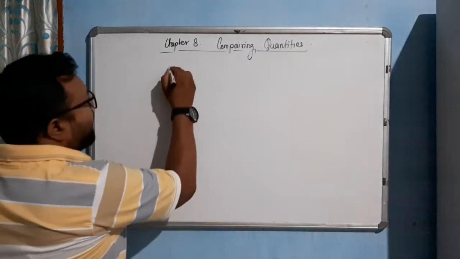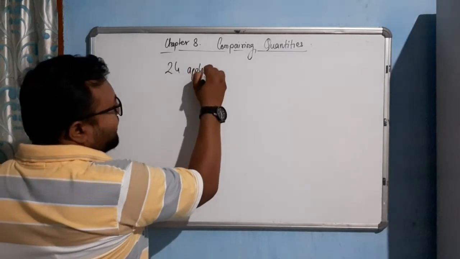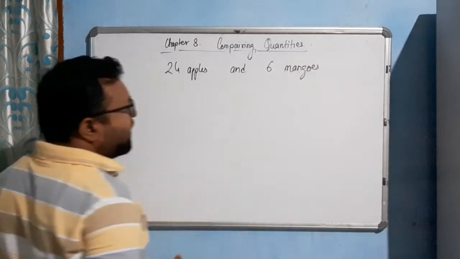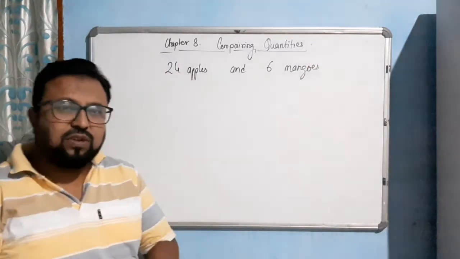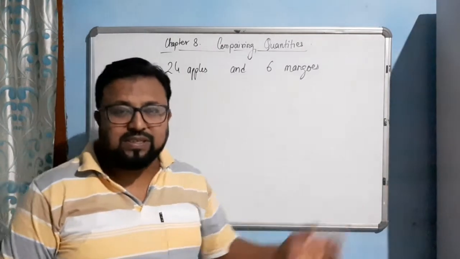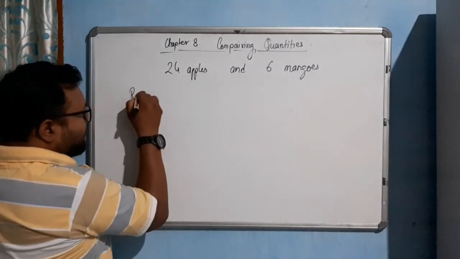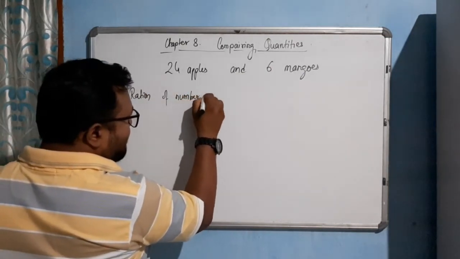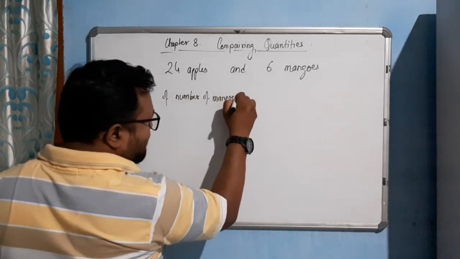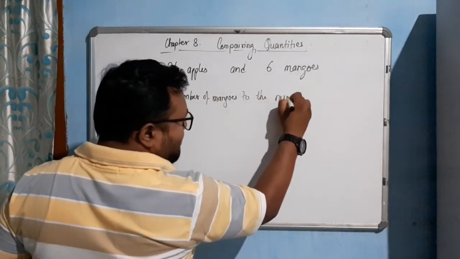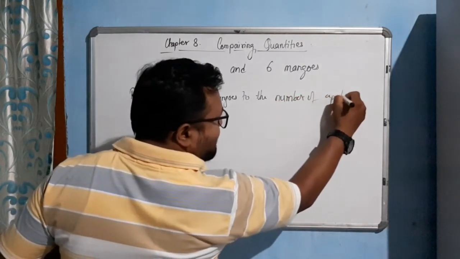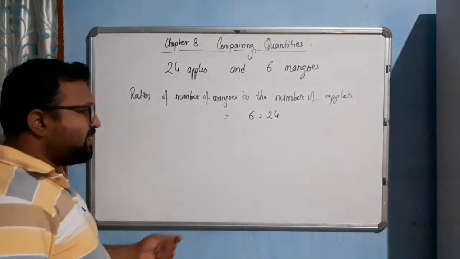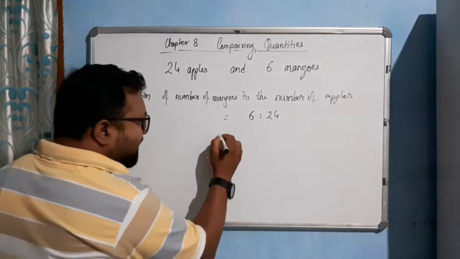Suppose we have 24 apples in a basket, and we have 6 mangoes in that same basket. Now if somebody asks you what is the ratio of the number of mangoes to the number of apples, you will write 6:24. The same thing we can write in fraction form, 6 by 24.